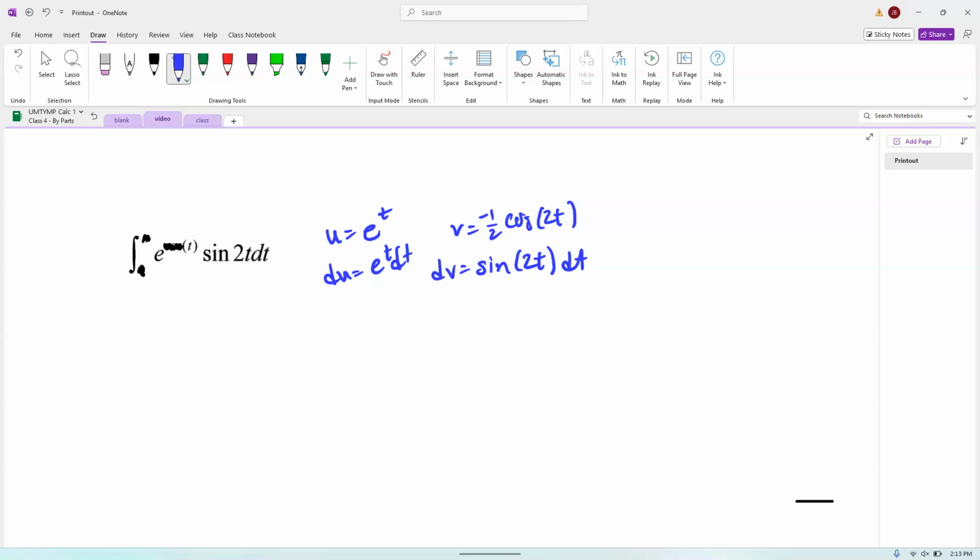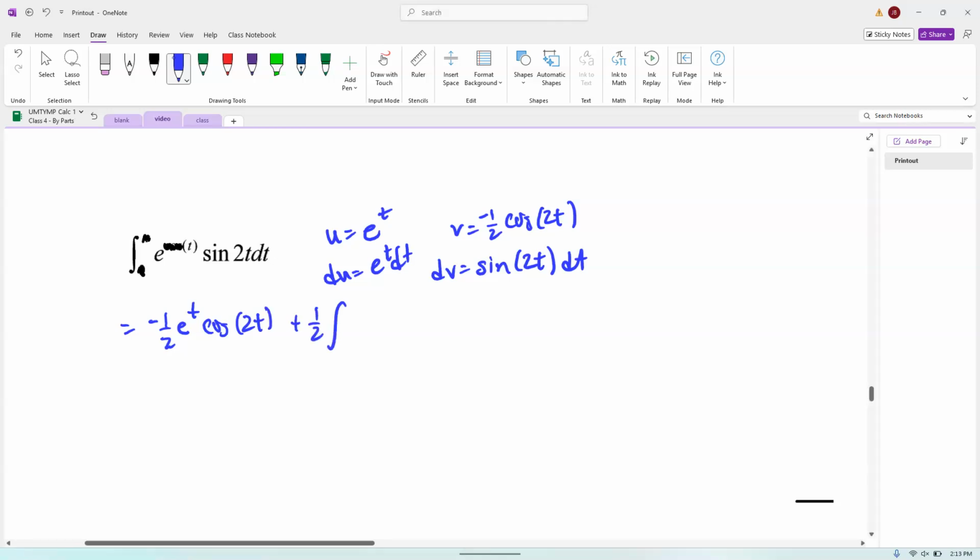All right, so then we move forward and say all this is equal to negative 1/2 e to the t cosine of 2t, and then plus 1/2 integral e to the t cosine 2t dt. Okay.